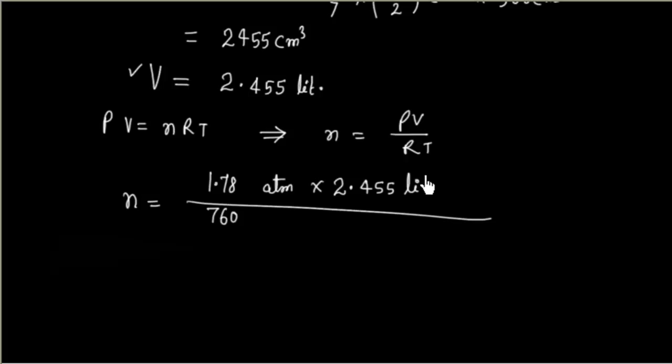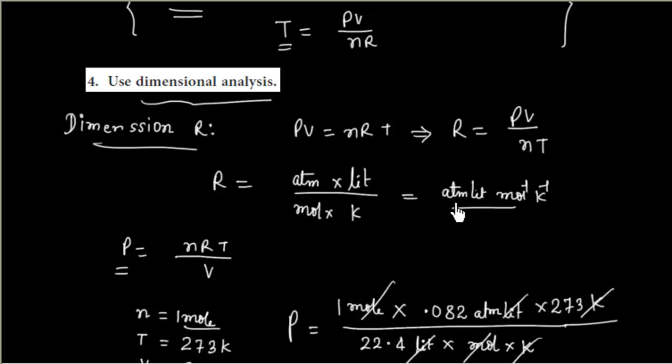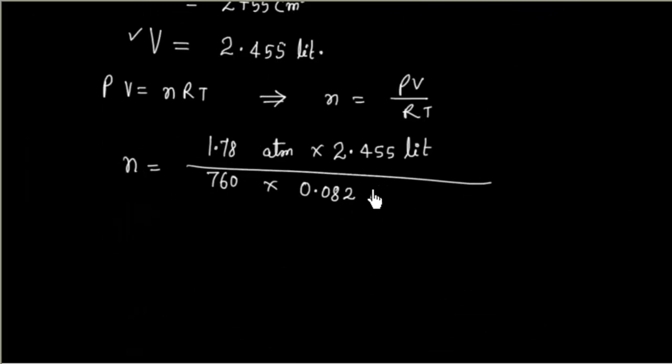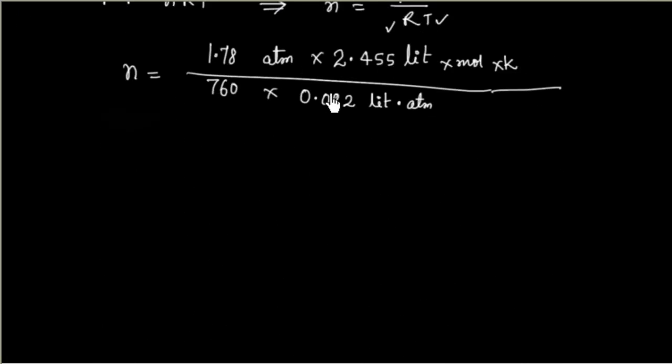This is in liter, and R is 0.082, and for R we have unit here, that is liter into atmospheric pressure mole minus 1 Kelvin minus 1. So mole and Kelvin will go on the top. So we have written P, we have written V, we have written R, and we have to write temperature. So temperature is 273 plus 35.